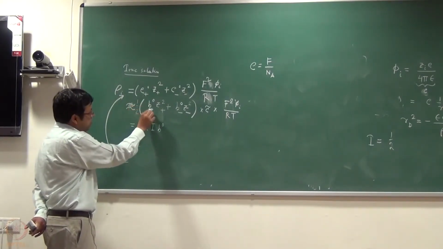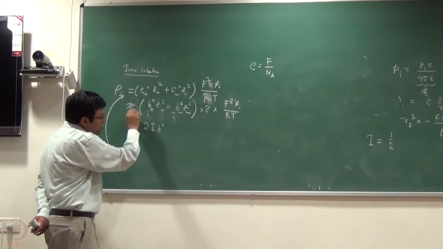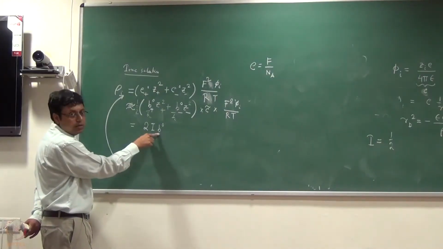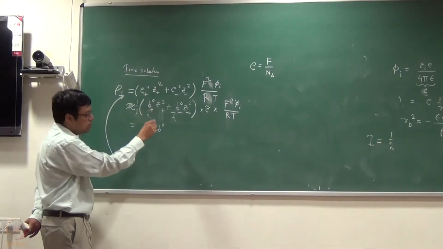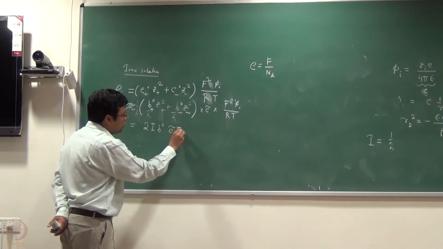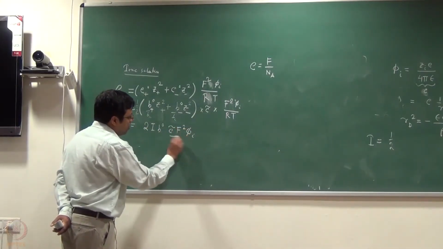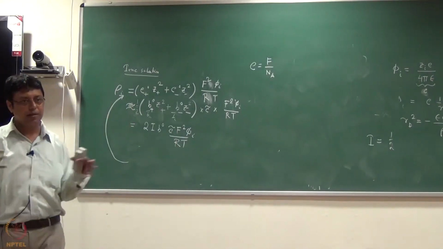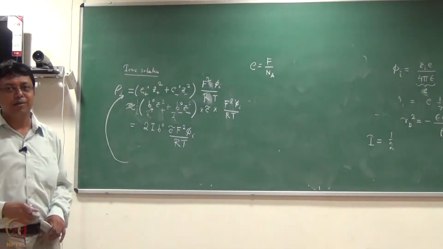That half, this B0 thing was the ionic strength, right? That's why I am multiplying by 2 and B0, and then the rest is ionic strength times the solvent concentration F square phi I by RT. Fine. I'm basically reducing the problem.